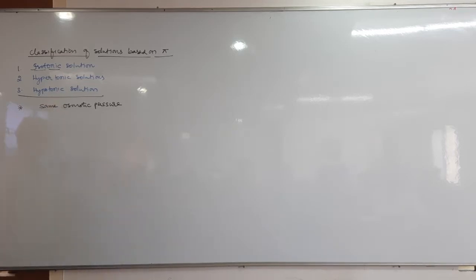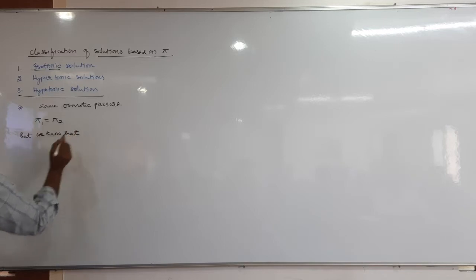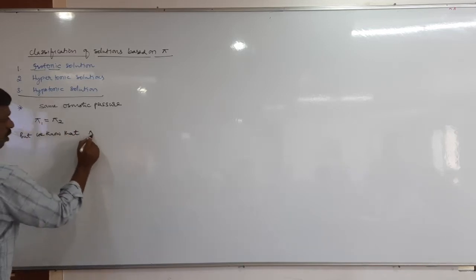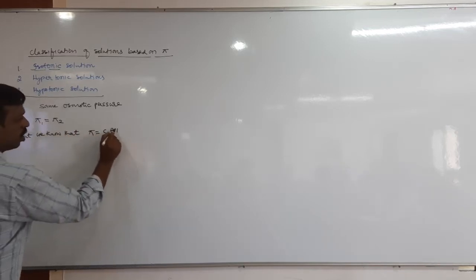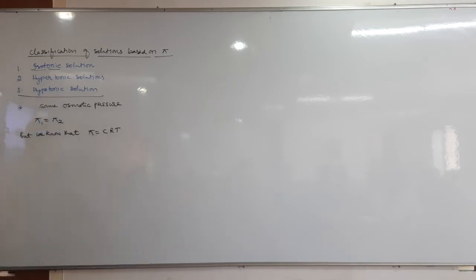So for isotonic solutions we can write pi 1 is equal to pi 2. But we know that pi equals CRT.